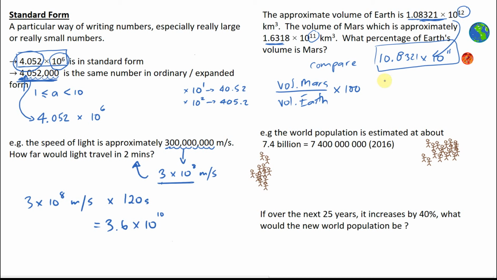So volume of Mars is 1.6318 by 10 to the 11 divided by 1.08321 by 10 to the 12, and then we need to multiply that by 100.